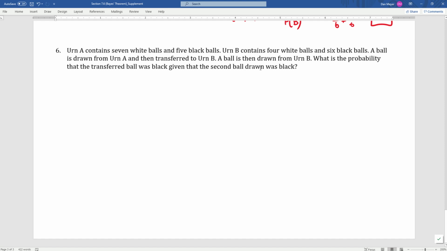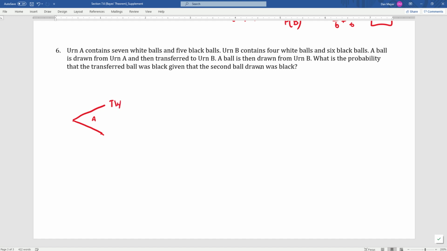Okay, so we kind of have a 2-stage stochastic trial going on here. We're pulling a ball out of the first urn to transfer. So I'm going to say that this first stage has two outcomes.